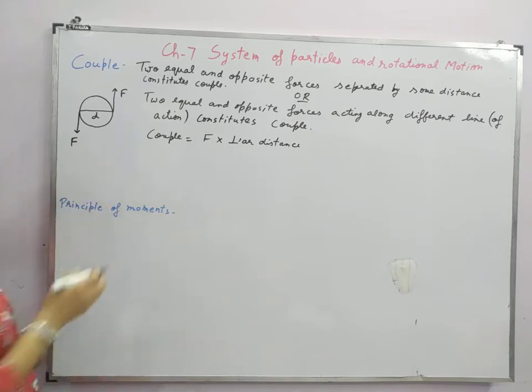So there is a question given in your NCERT, example 7.7, which says show that moment of couple does not depend on the point about which you take the moments.